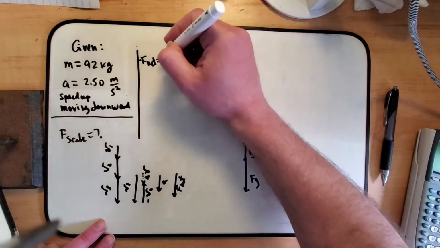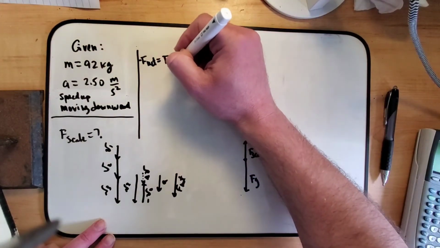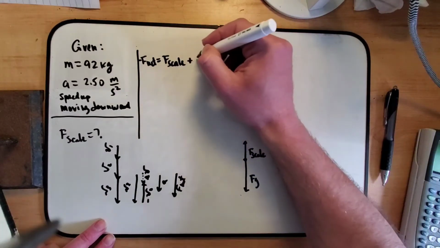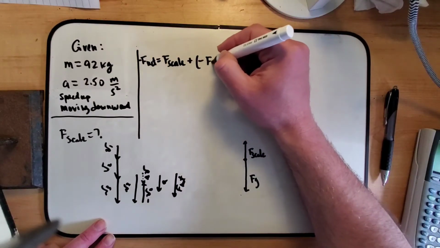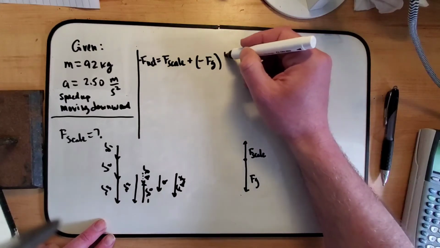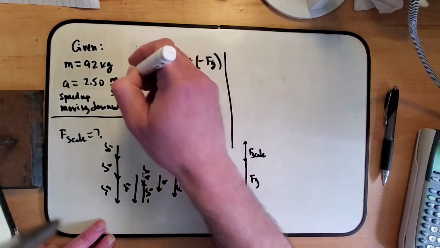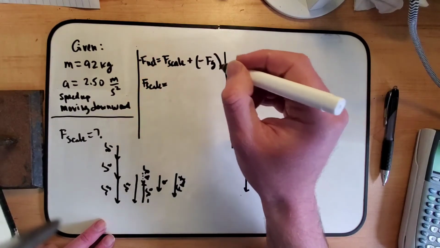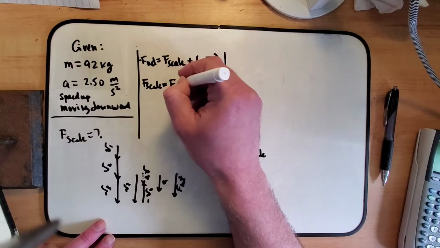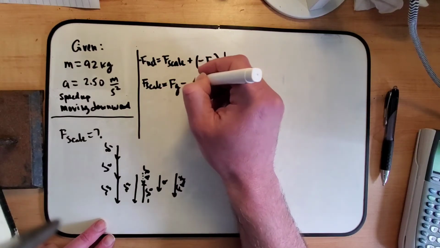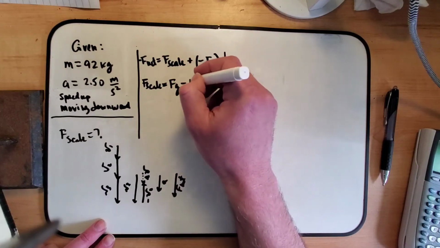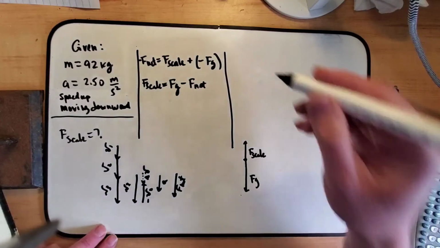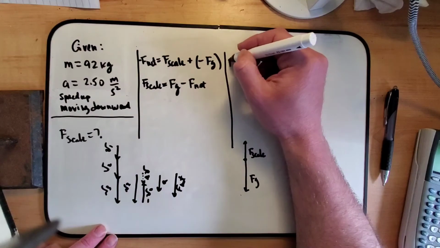And then we're going to have the F scale positive because it's pointing in the positive direction, plus minus F sub G. And so all I have to do now is find F scale. And F scale will be equal to F sub G minus F sub net. Okay, so we're ready to move now to solve this problem.